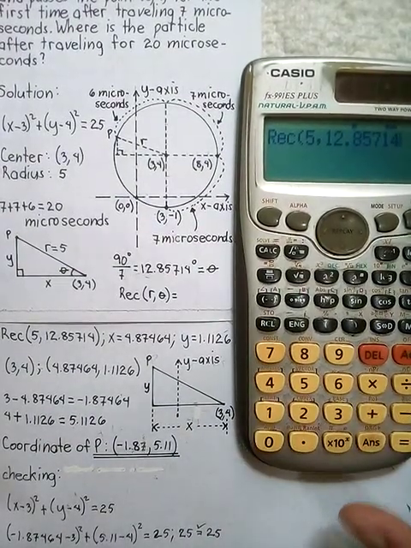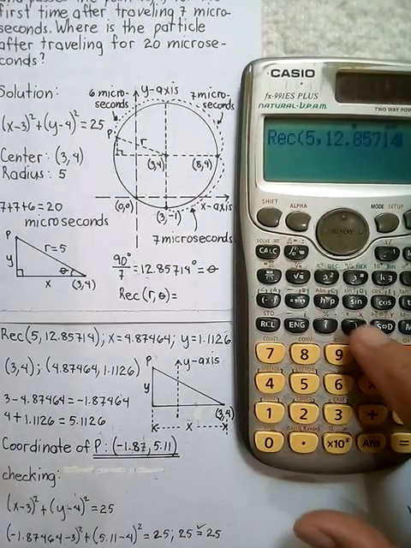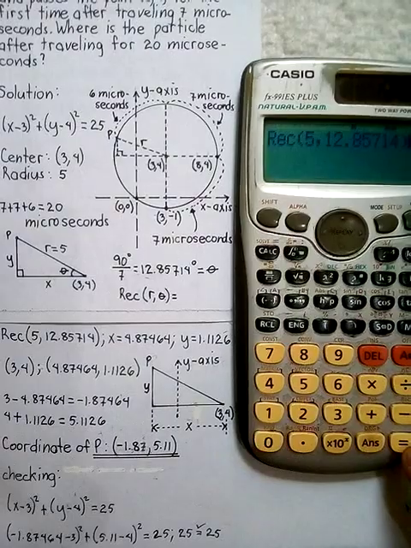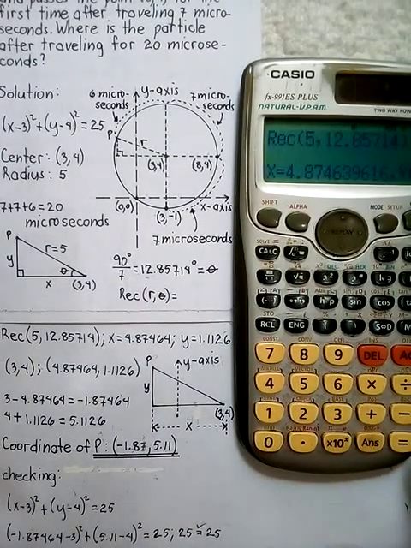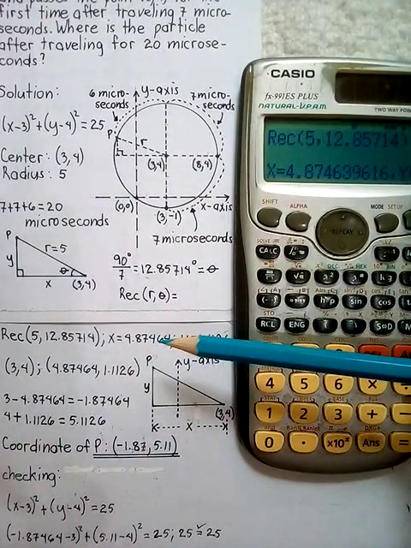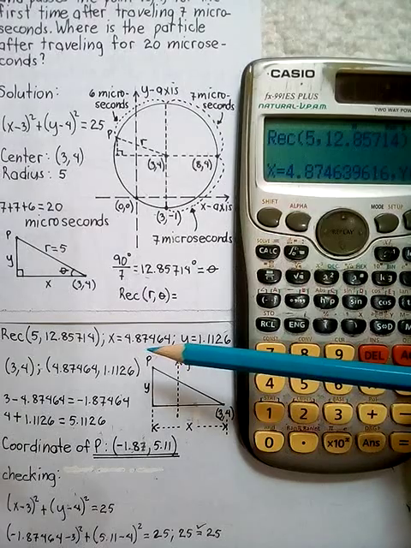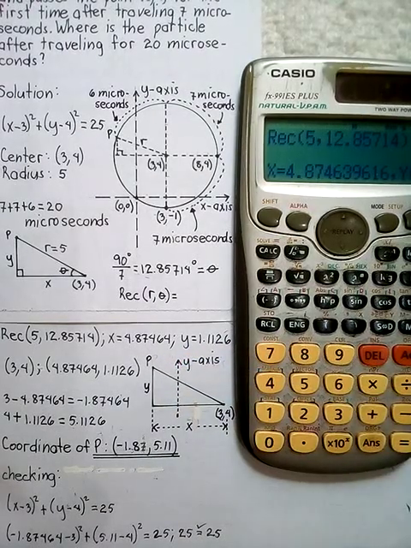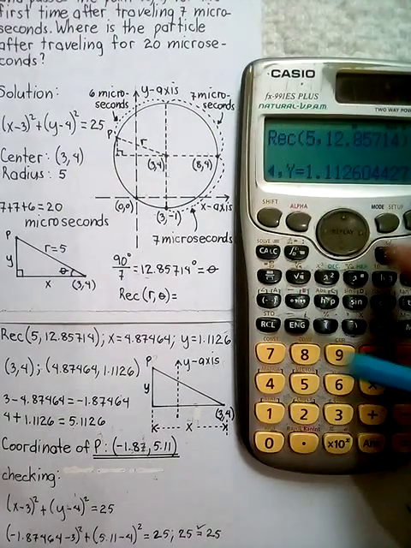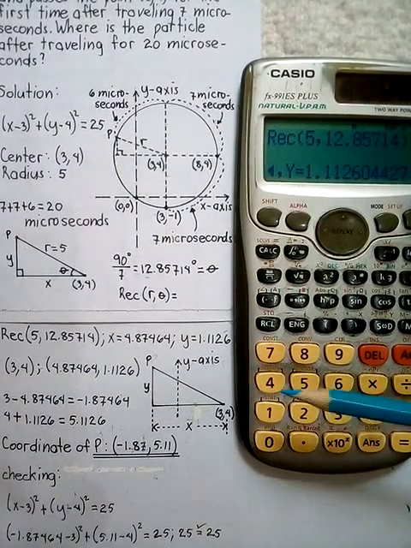Then let us press close parenthesis and the equal sign. We will get the value of x, or the x distance, which is 4.87464, and the distance y, which is equal to 1.1126.